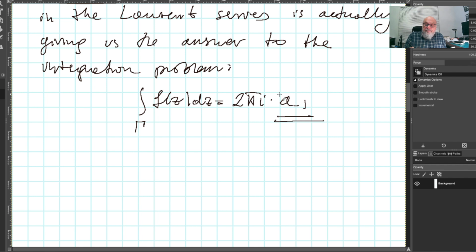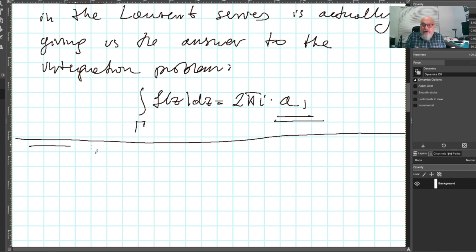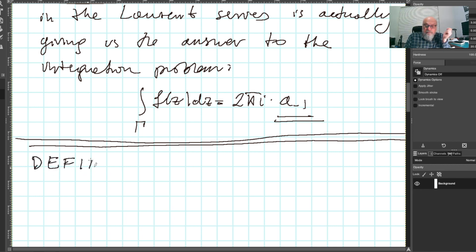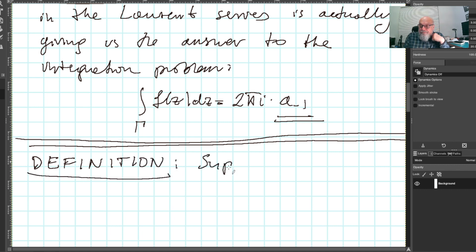So let's concentrate our attention on the singularities of the function, or let's say an analytic function. We start with the definition. Suppose f of z is an analytic function.